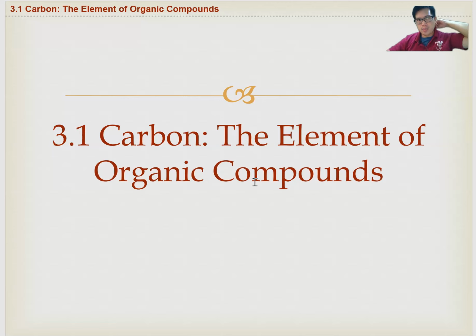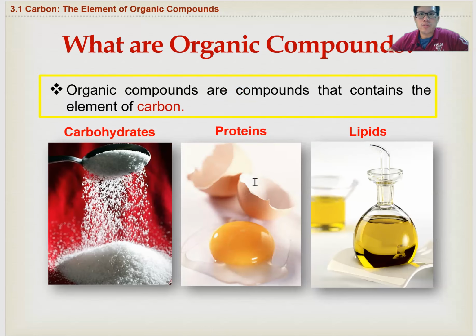Why do we concentrate on organic compounds in chemistry? It's because food components are made of these three things: carbohydrates, proteins, and lipids. These are the major components that make up food. Correct or not? It's either carbohydrates, proteins, or lipids.